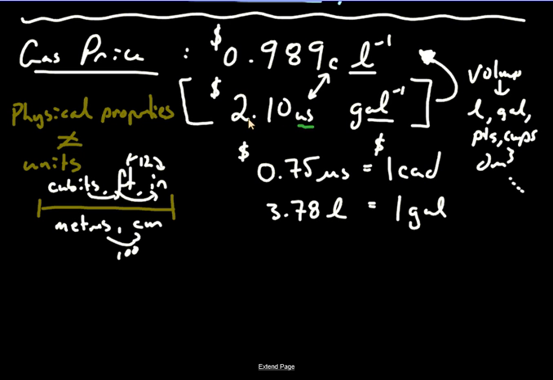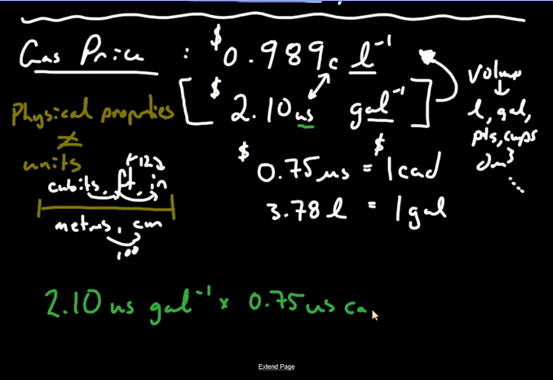How much is $2.10 cost us as Canadians in Canadian dollars? So $2.10 US per gallon. Okay, well here's our conversion factor times 0.75 US for every Canadian dollar, right?